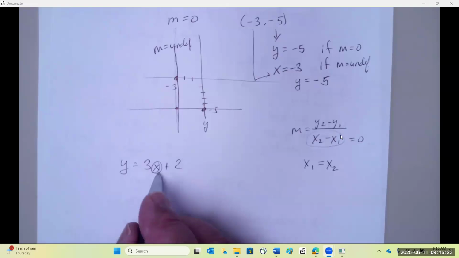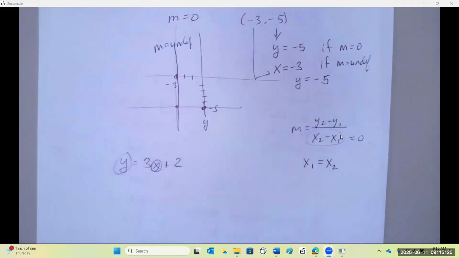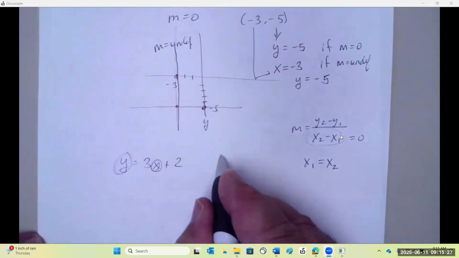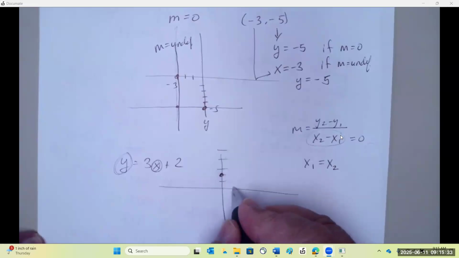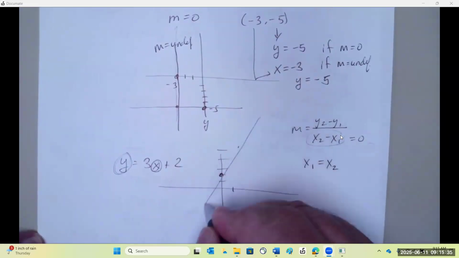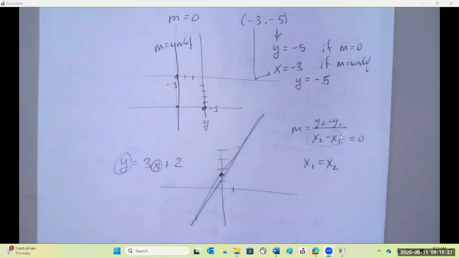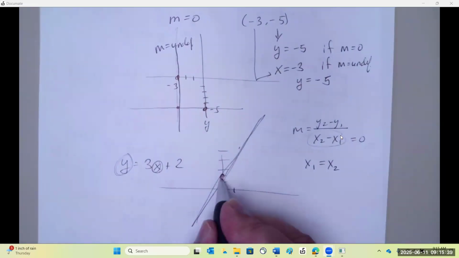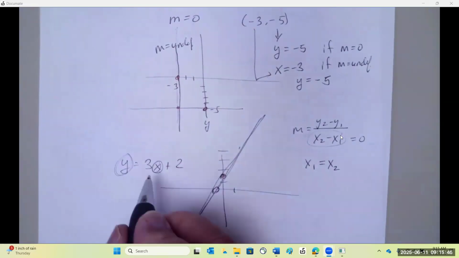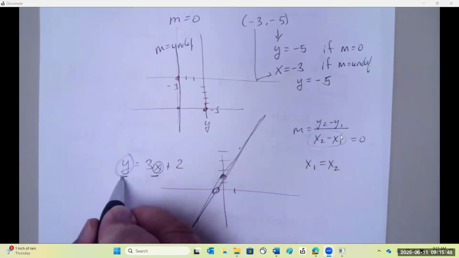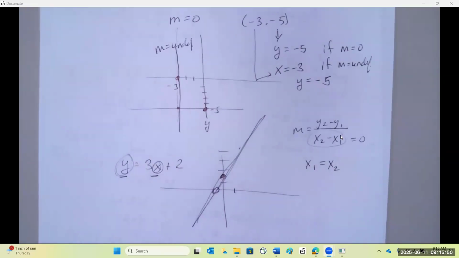So we can have an x-intercept, we can have a y-intercept. This graph looks like this. It crosses the y-axis and it crosses the x-axis. So what does that mean? If you have the variable in the equation, then you can cross that axis.